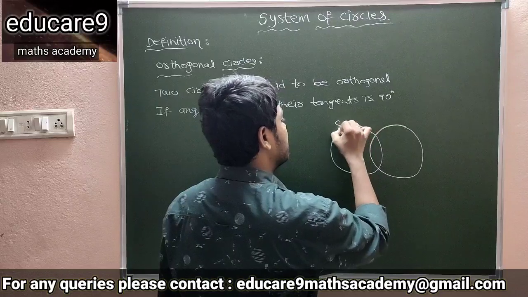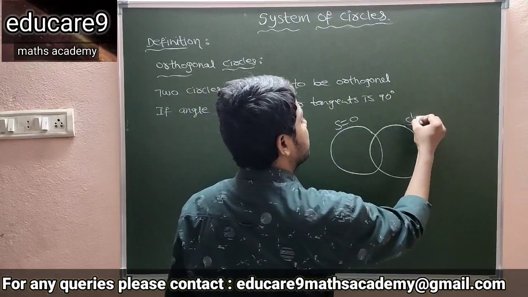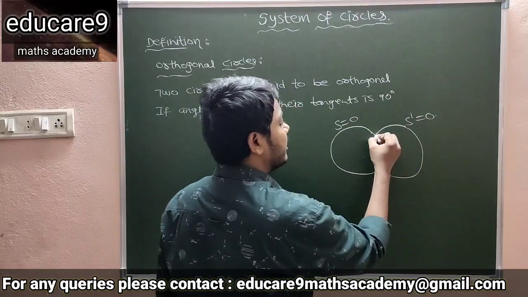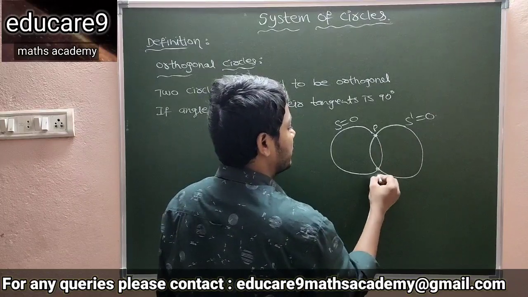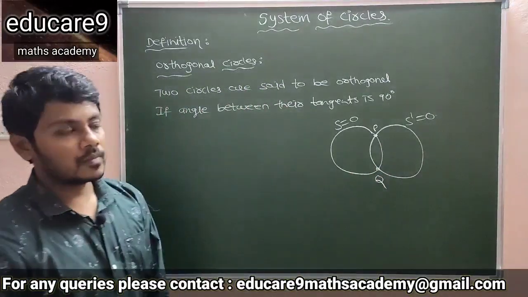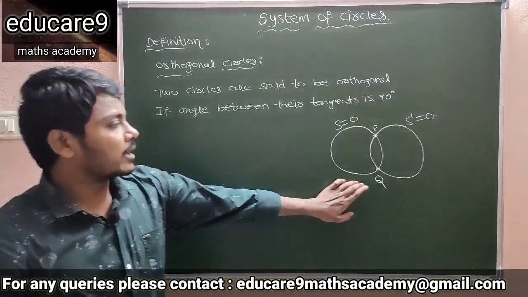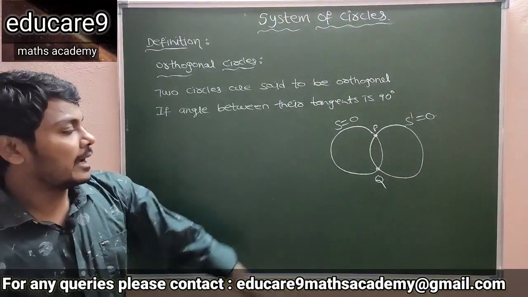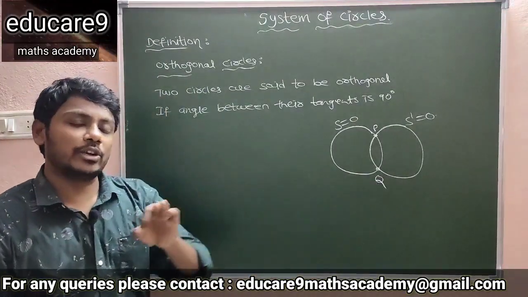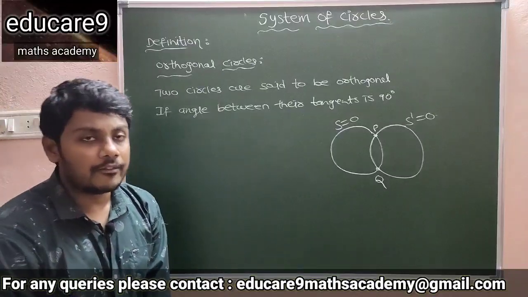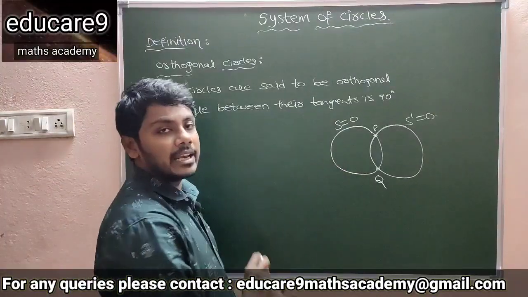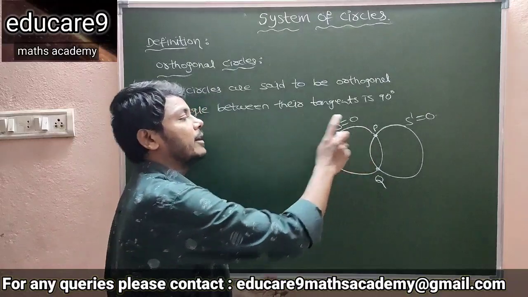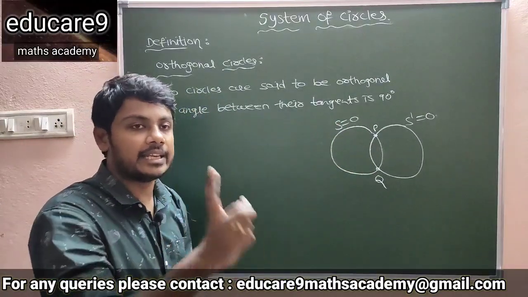So this is S equals to 0 and this is S dash equals to 0. The intersecting points are P and Q. These two are intersecting circles, and these circles are said to be orthogonal if the angle between their tangents at this point of intersection is 90 degrees.